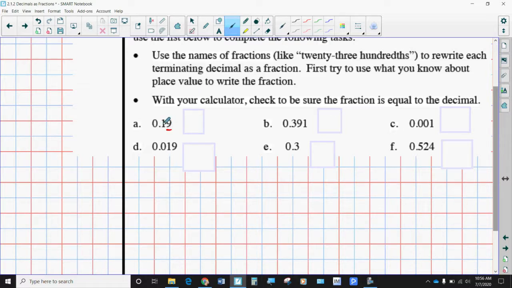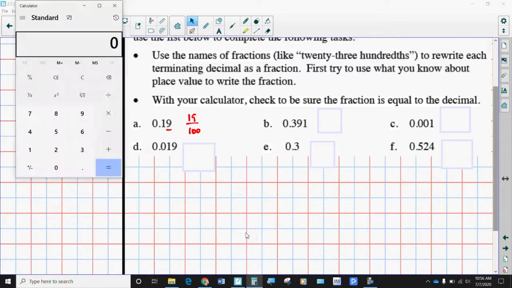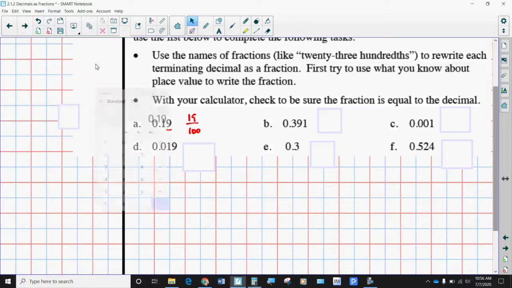So for instance, this number is 19, and the 9 is in the hundredths place, so that's going to be 19 hundredths, okay? So do the same with B, C, D, E, and F. And then you can pull out your calculator and do the division. Is 19 divided by 100 equal to 0.19? Yes, it is. So we know we've got that correct. Okay, go ahead and do that with all the others.